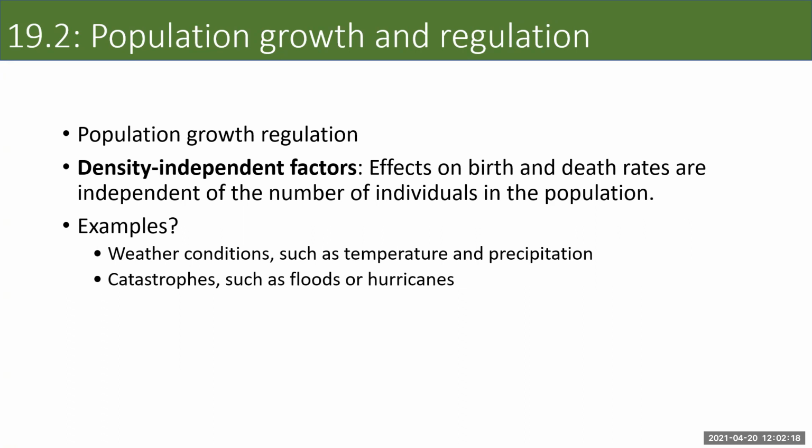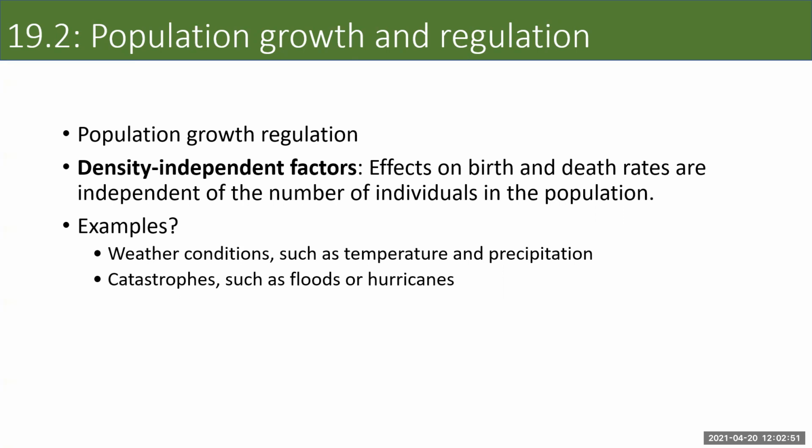And so, for example, years that have more precipitation can lead to higher population sizes, and years that have less precipitation can lead to lower population sizes, right? Those increases and decreases in population size aren't determined by the density of the population themselves, so the initial density, right?